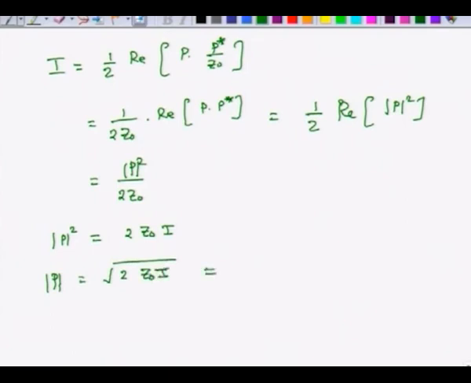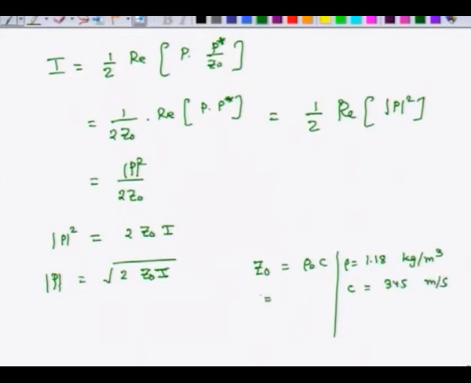And I know that Z naught equals rho naught C, and rho naught is 1.18 kilograms per cubic meter, and C equals 345 meters per second.